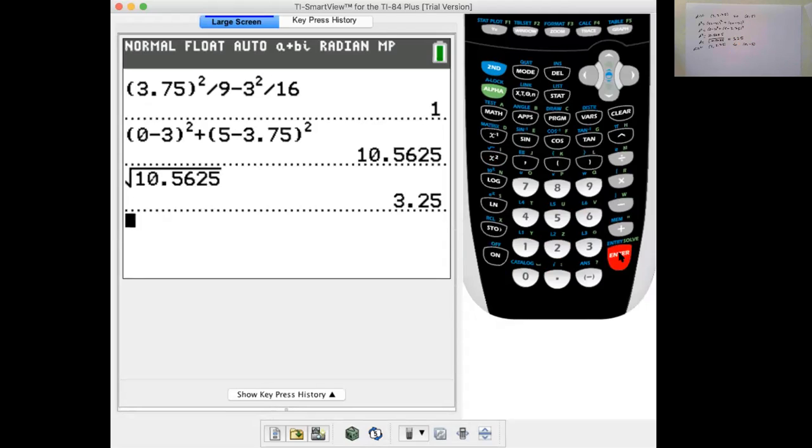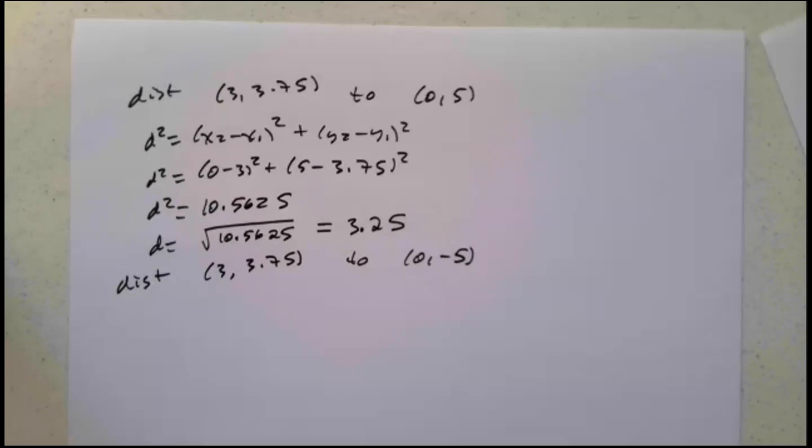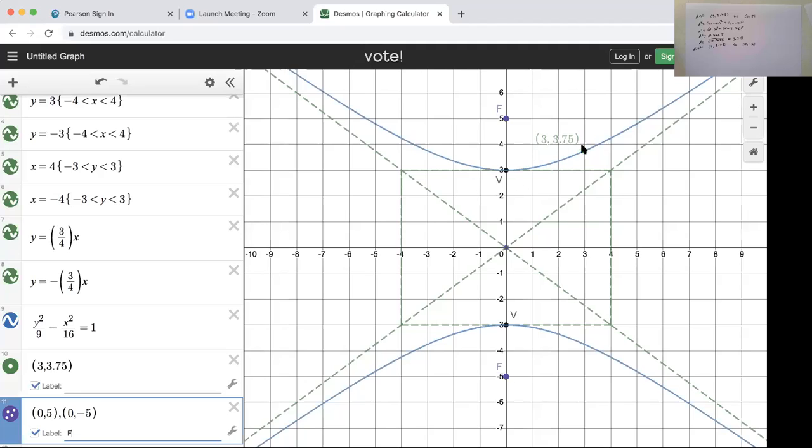So let's go back and look at our picture and see if that seems reasonable. From here to here, could you believe that's just a little bit more than 3? Well, from here to here is 3, so from there to there being a little bit more than 3 seems perfectly reasonable. But again, the difference of those two distances needs to be constant.